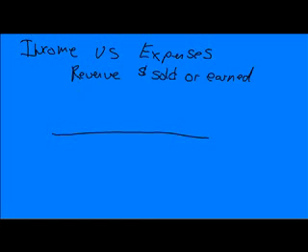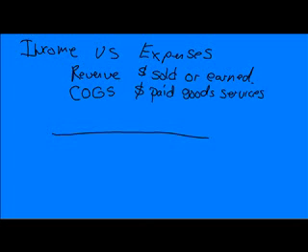Now, below revenue, you commonly have what's called cost of goods sold, or COGS, cost of goods sold. And this is defined by the dollars you paid for goods or services to be sold.